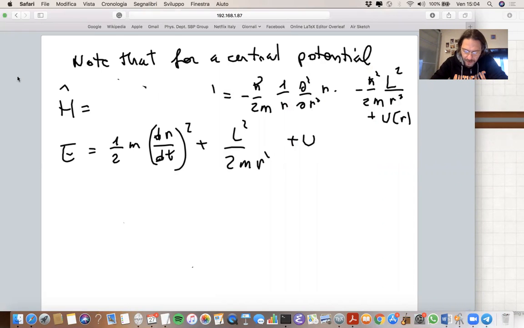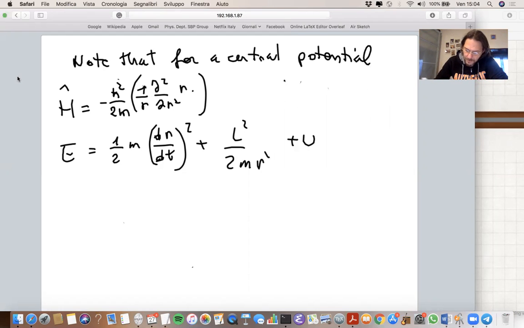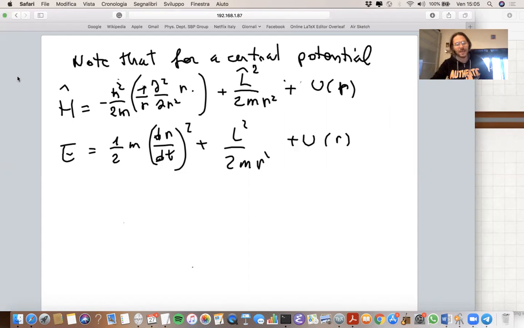Let me copy this and say that we have h bar squared over 2m times something that looks like whatever it is, but it plays the role of a kinetic energy operator along the radial direction, plus the square of the angular momentum operator, plus the potential energy operator. So you see, we are basically copying down the same ideas.